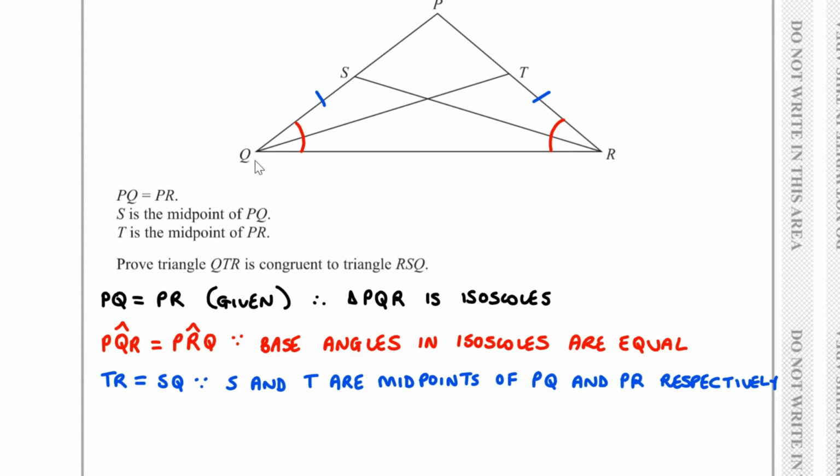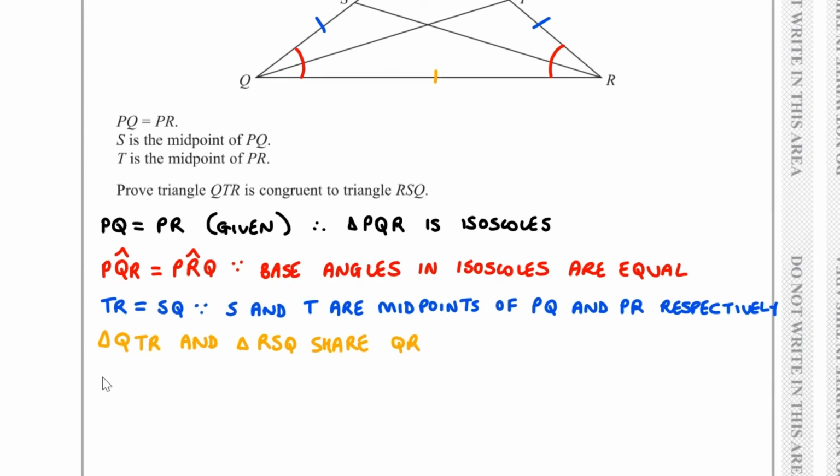Well, you can also see that those triangles share QR. So they share this length here. So the triangles QTR and RSQ share QR. And therefore we have the side angle side relationship, and therefore we have congruent triangles.